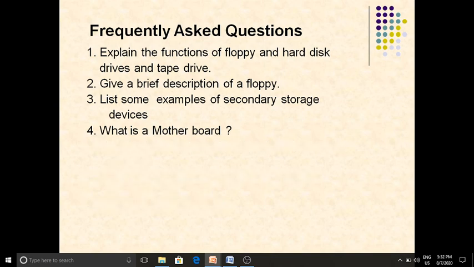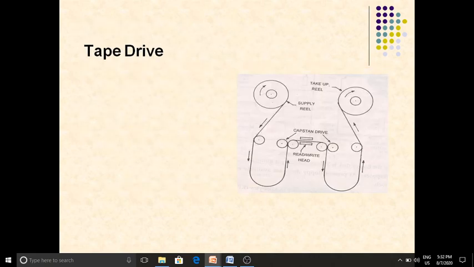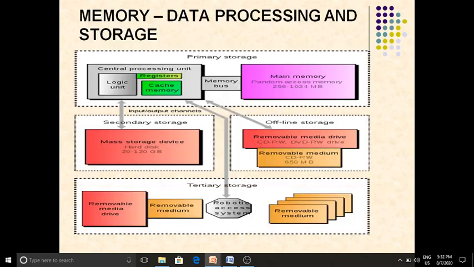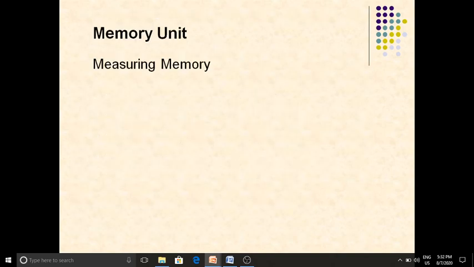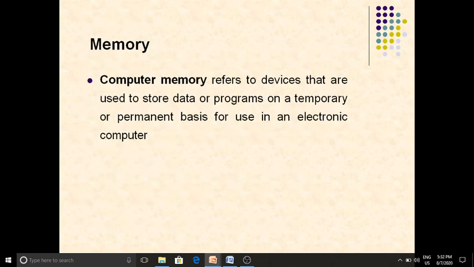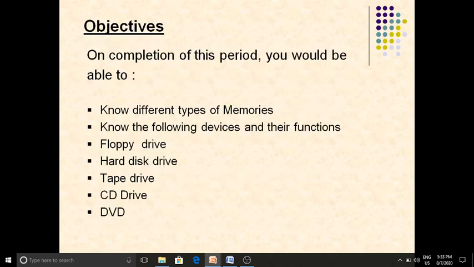Okay, so students, in today's class, we were discussing the topic of memory, which is a very important part of a computer system. I think you have understood about the memory of computers, types of memories, and the primary and secondary memory devices and their functions.